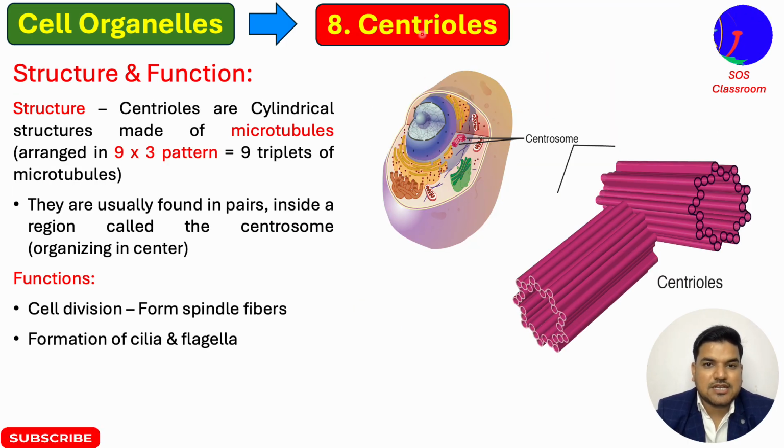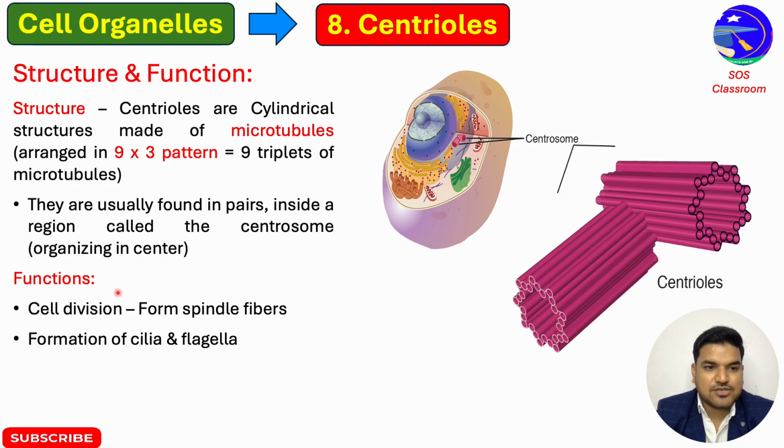Next, we discuss the centrioles. Centrioles are cylindrical structures made of microtubules arranged in a 9x3 pattern, meaning 9 triplets of 3. You can see the centrioles: 1, 2, 3, then 1, 2, 3, and so on, 9 sets of triplets. They are usually found in pairs inside a region called the centrosome, the organizing center.